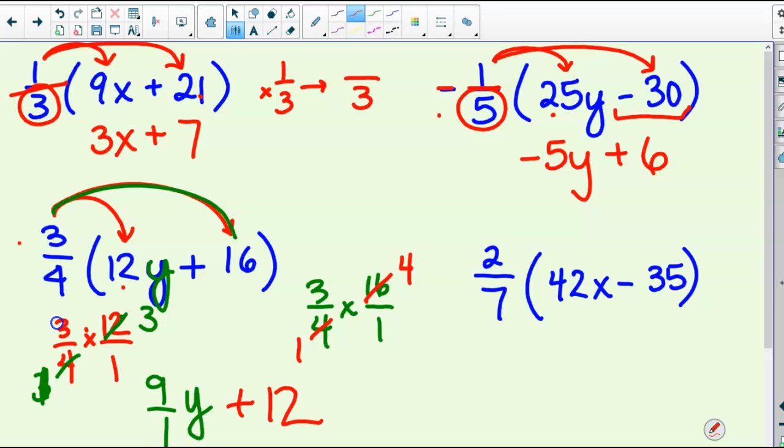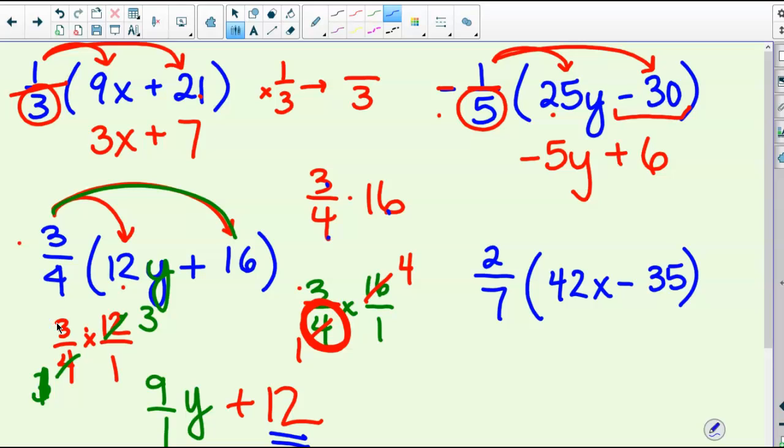Another shortcut is to divide by the denominator and then multiply by the numerator. So 16 divided by 4 is 4, times 3 is how I got that 12.